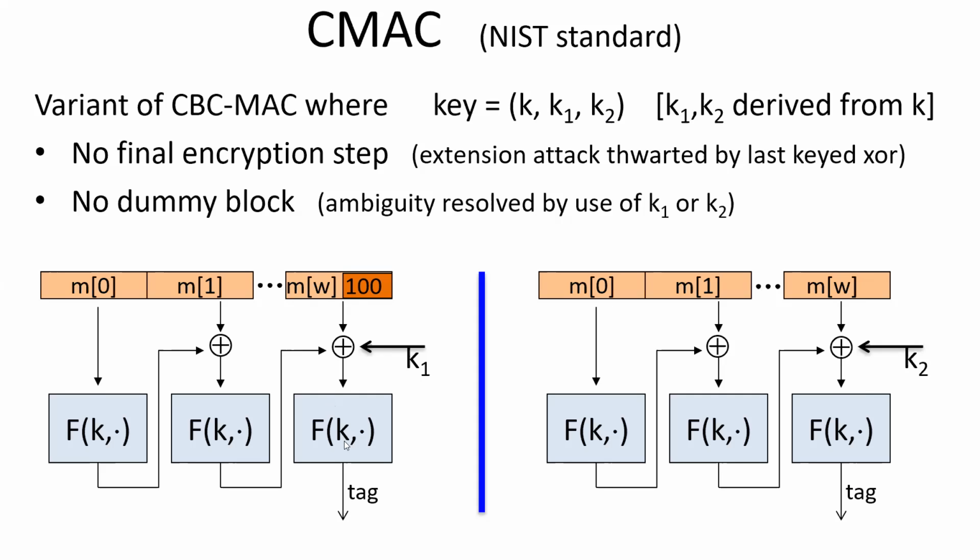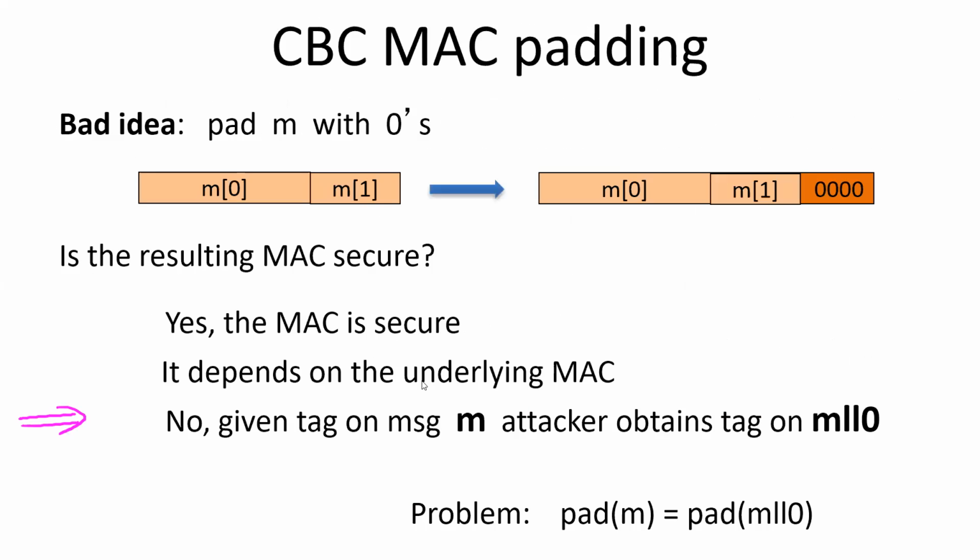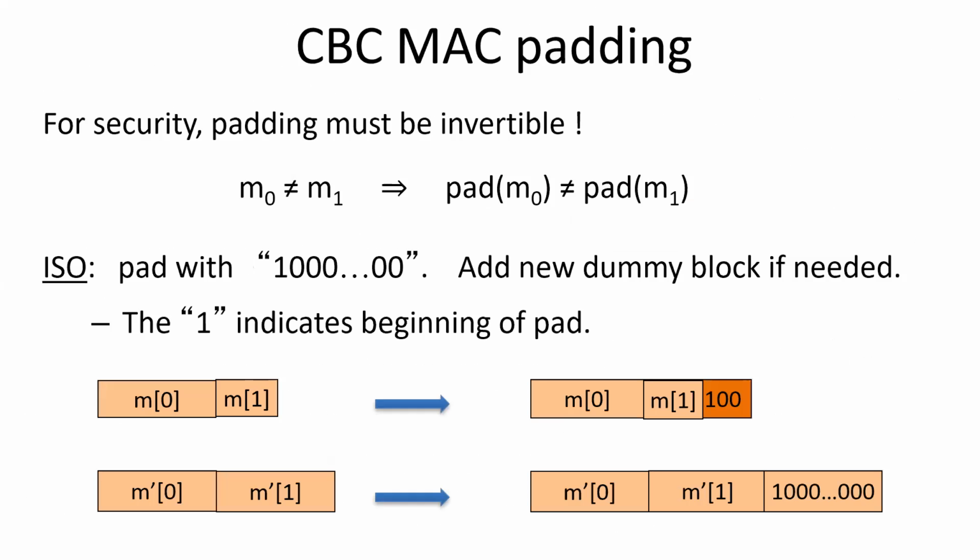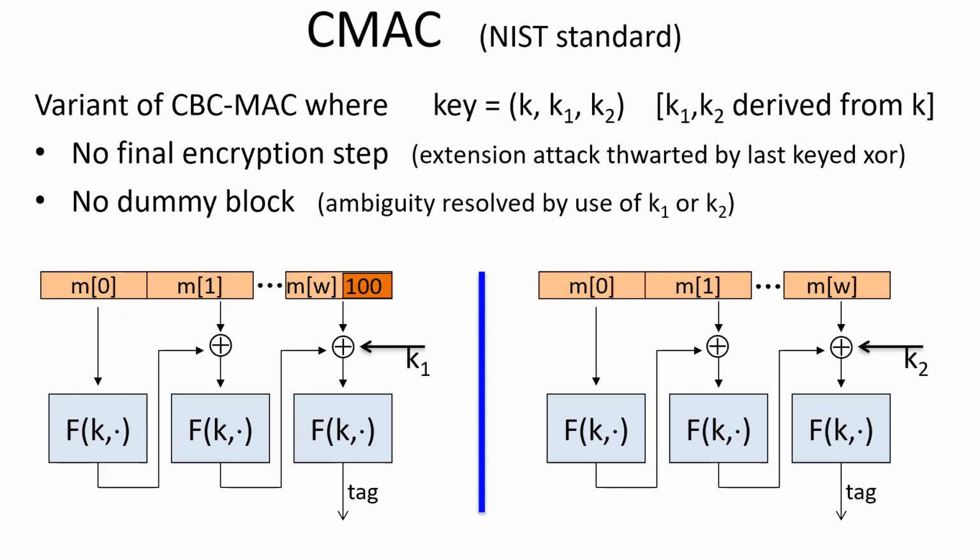So CMAC basically optimizes all these little practical issues. Encrypted CBC MAC has different forms of overhead, which don't matter if the message is long, since you have just one more block.